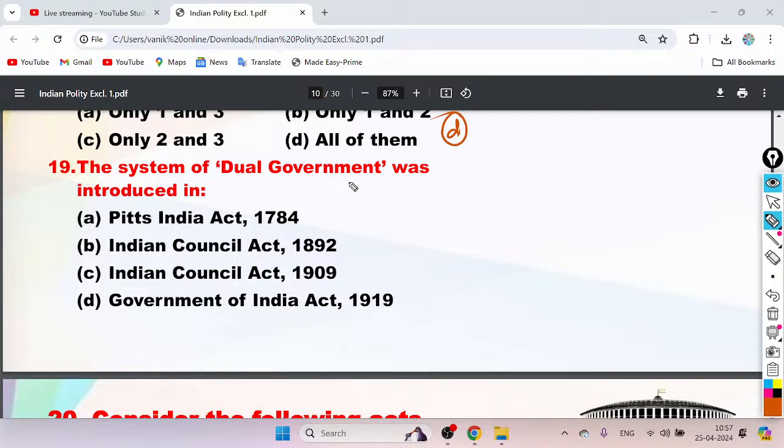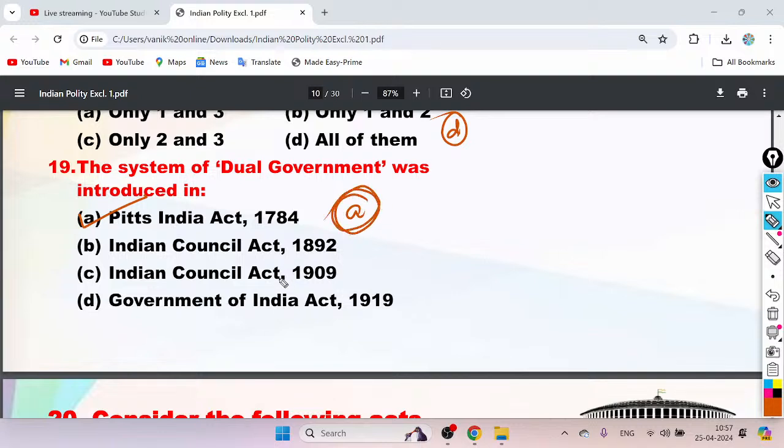The court of directors of the British East India Company was to look after the commercial activities only, and a board of control consisting of members from the British government was set up to look after the political affairs of the British Indian colony. It was introduced in Pitt's India Act 1784.